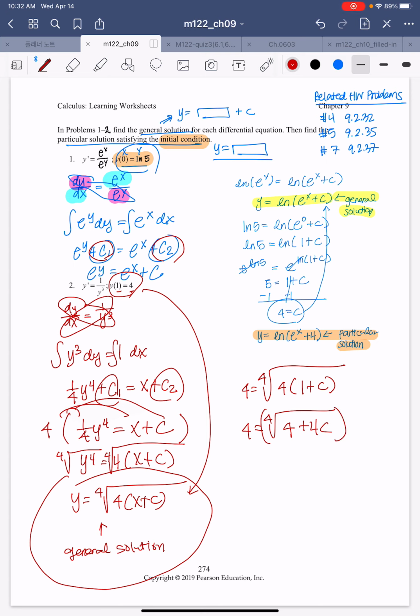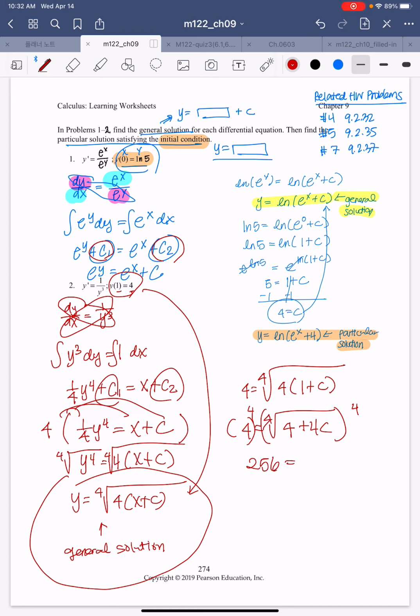To get rid of the 4th root, I'm going to raise both sides to the 4th power. So 4 to the 4th power is 256.